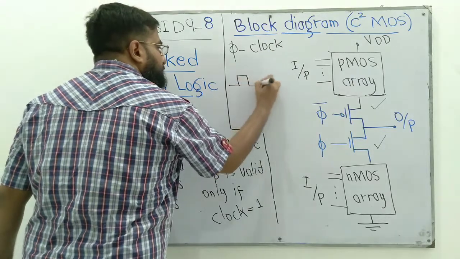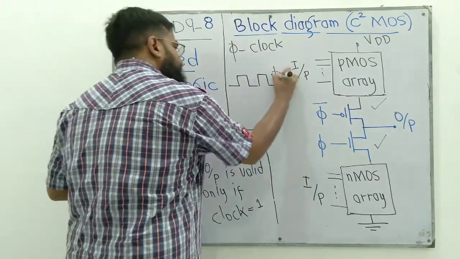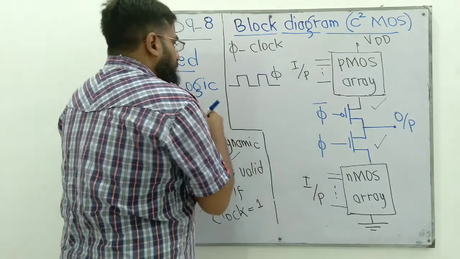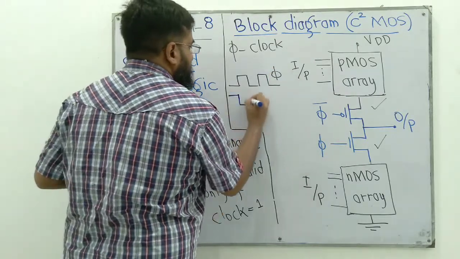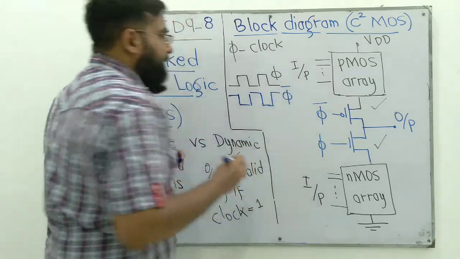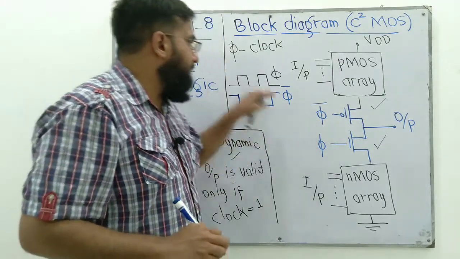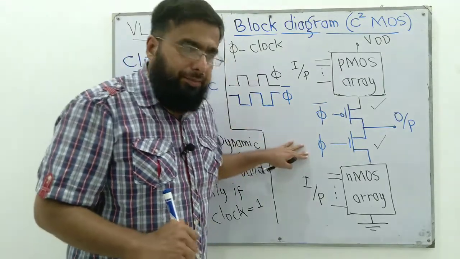If the clock moves like this, on and off, if this is phi, the complement of phi is its 1's complement, means the output is the NOT of phi, right? So we have this phi bar applied here, this phi applied here.